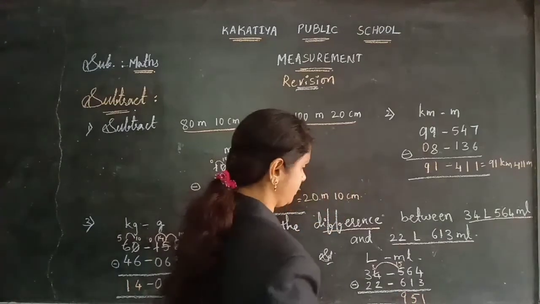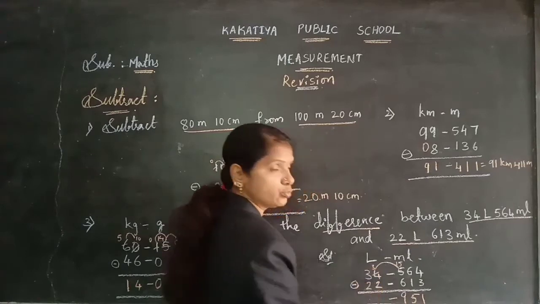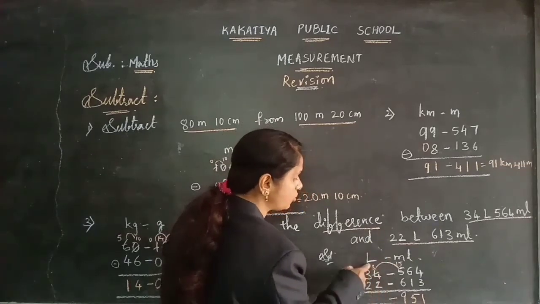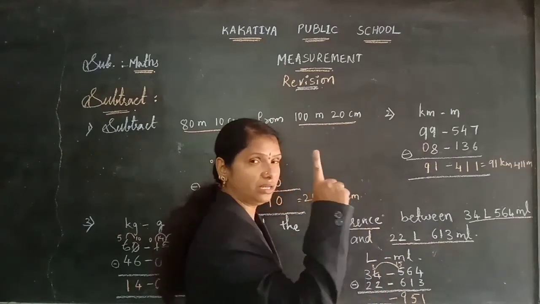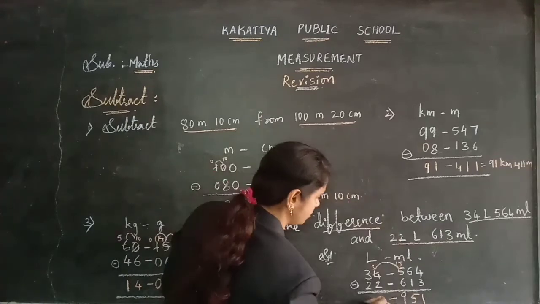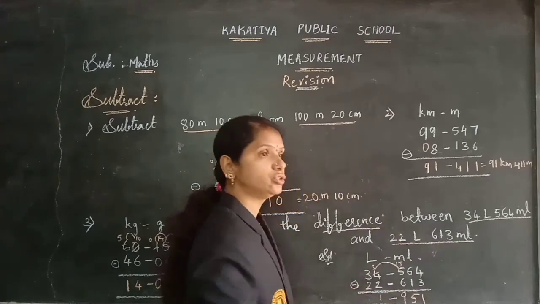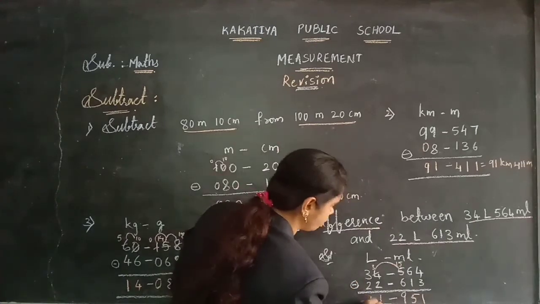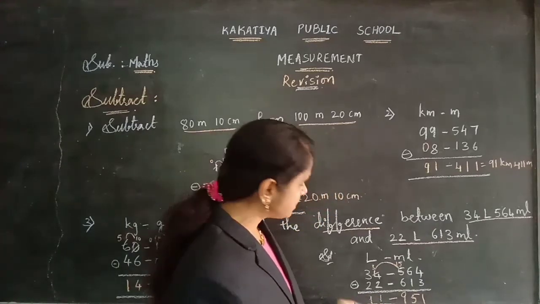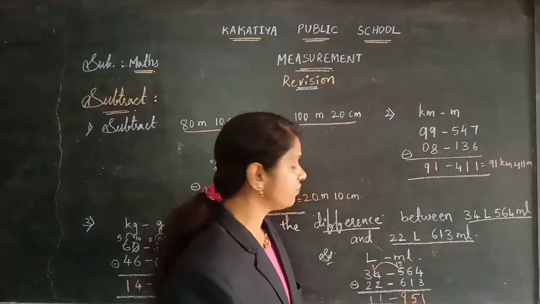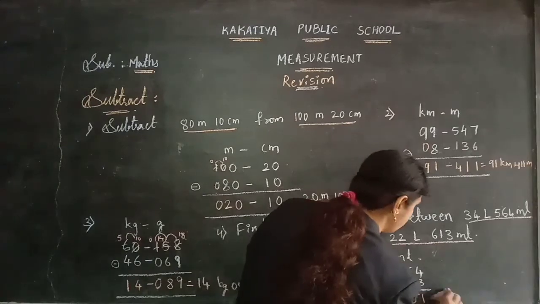So 9. Now 3 minus 2, or else you can start counting from down to up. 2 after 3, so 1 number I required here. 3 minus 2 is again 1. So what is the final answer? 11 liters 951 milliliters.